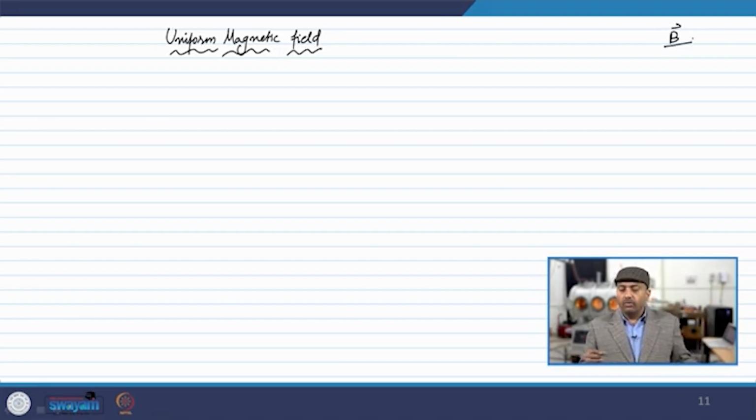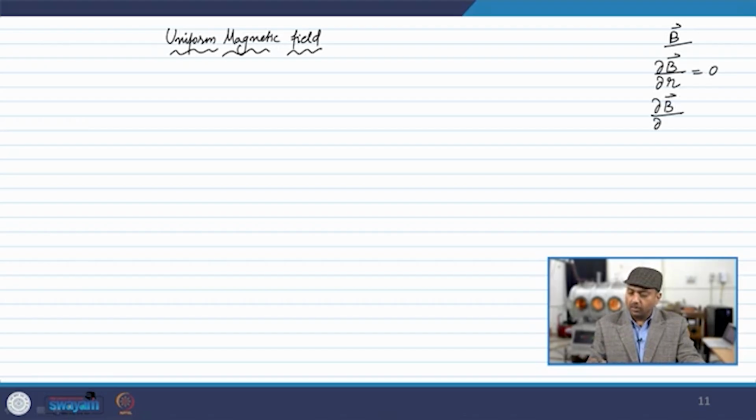What do you mean by uniform? Let us say ∂B/∂R, a generic position coordinate, is 0. So, the magnetic field is not changing with respect to space, and we will also say that the magnetic field is static. For example, ∂B/∂t is also 0.